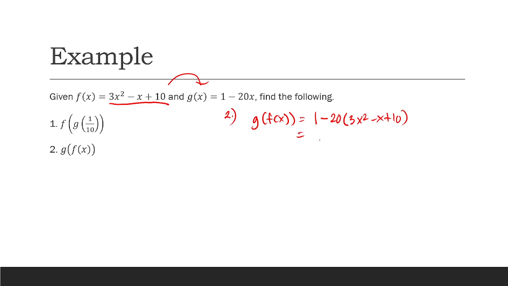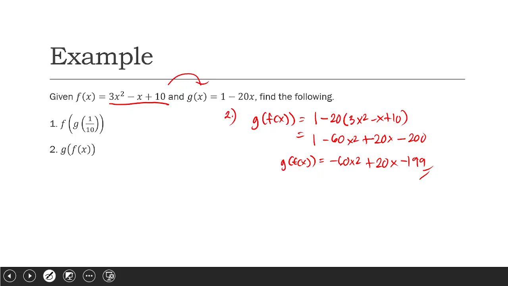So, let's simplify. We will have 1 minus 60x squared plus 20x minus 200. So, therefore, g of f of x natin is equal to negative 60x squared plus 20x minus 199. So, this is our answer for number 2.